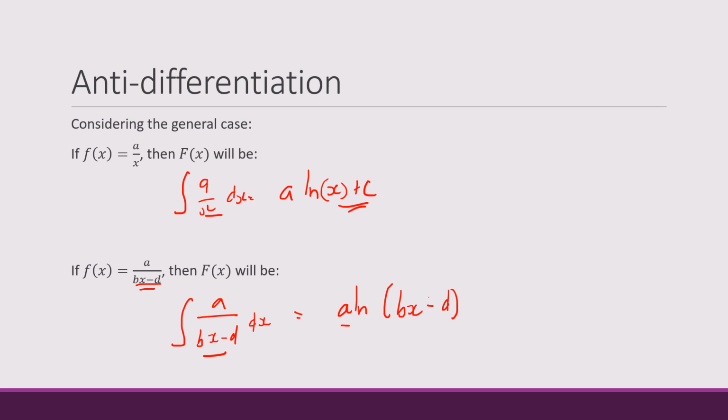In this case, we are going to divide by the derivative of what's in brackets, and then have a plus c on the end. So when we're integrating or anti-differentiating our 1 over functions, it becomes natural log of whatever's in the denominator, and then divide by the derivative of what's in the denominator.